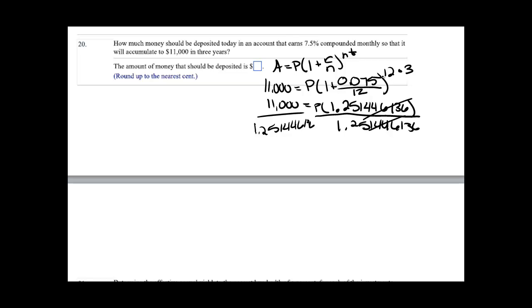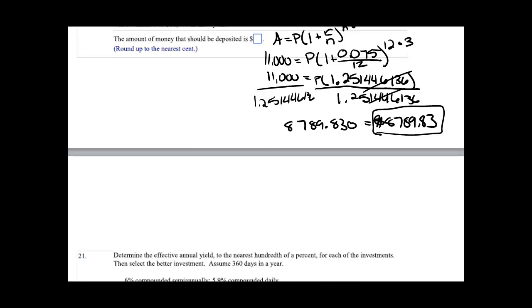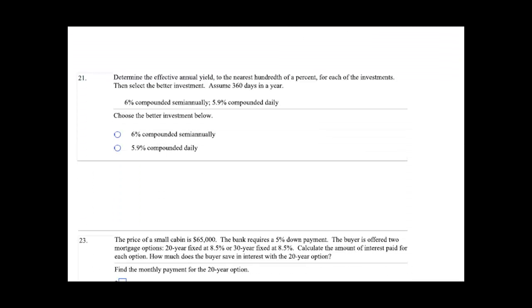So we cancel on the right, so I have 11,000 divided by my answer, and I get 8,789.83, and the next digit is a 0, so it stays 83. So this is the amount of money that needs to be deposited initially to earn $11,000 in 3 years with a 7.5% interest rate compounded monthly.